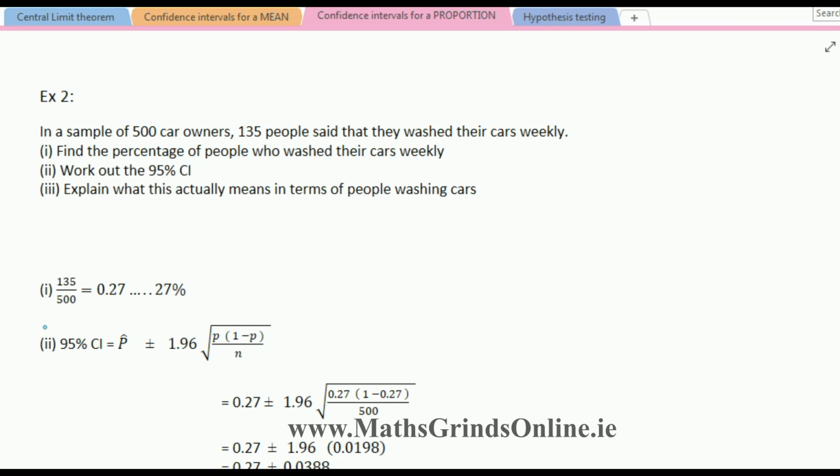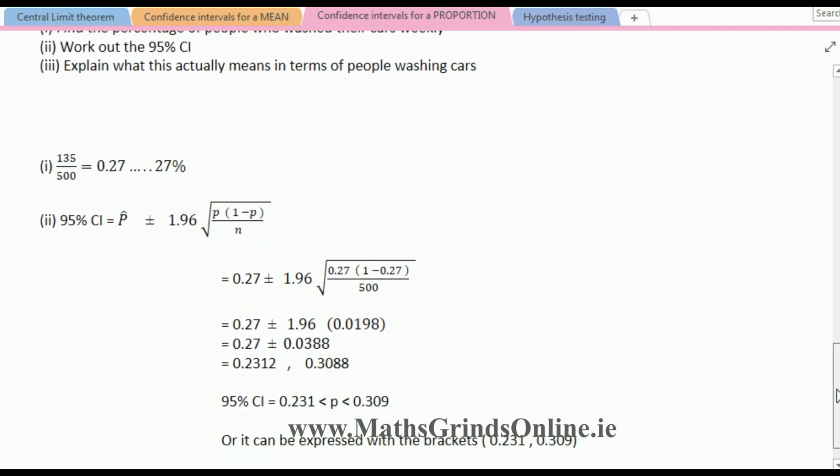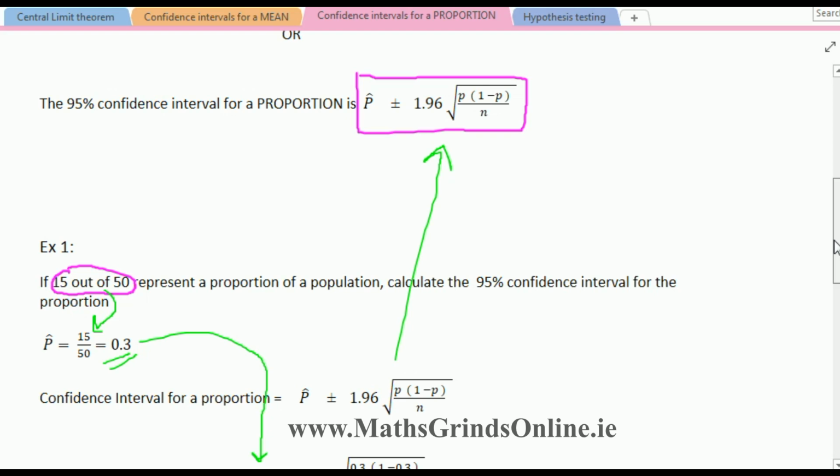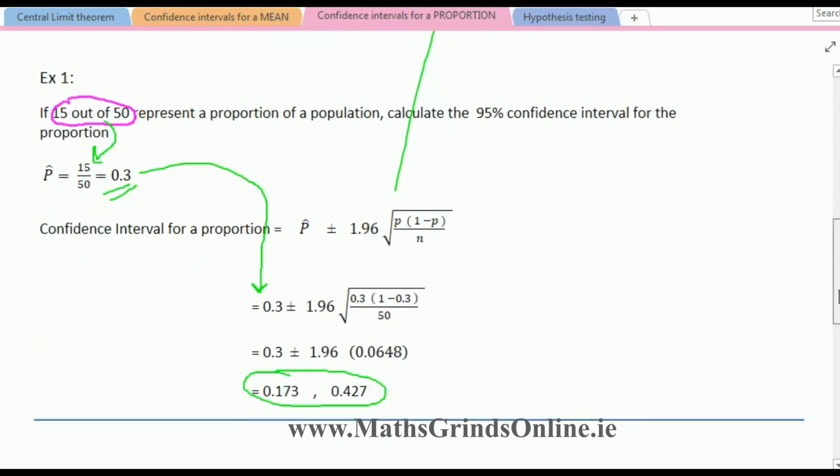Okay, part 2, work out the 95% confidence interval. So that's this formula there, the formula that we're dealing with up the top in that pink shape.